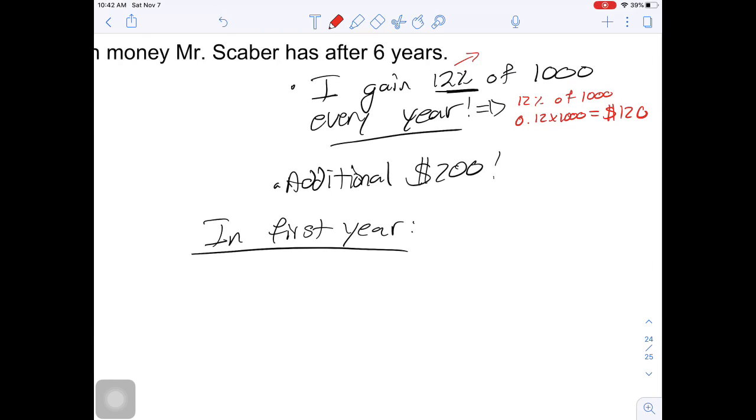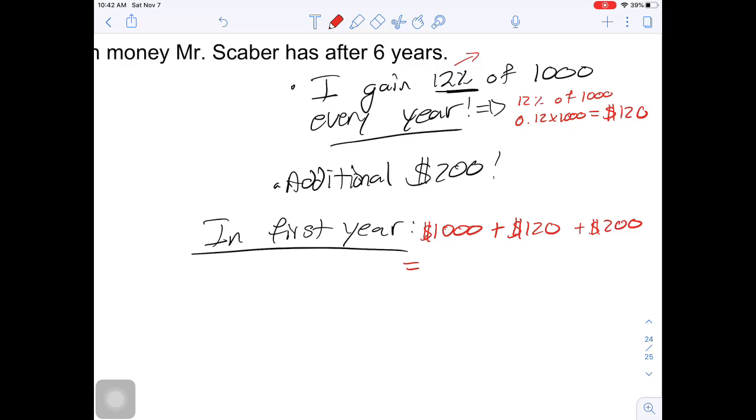So in my first year, I'm going to get my $1,000 plus my additional 120. And remember, in that first year, I got an additional 200 bucks, so I'll add $200.